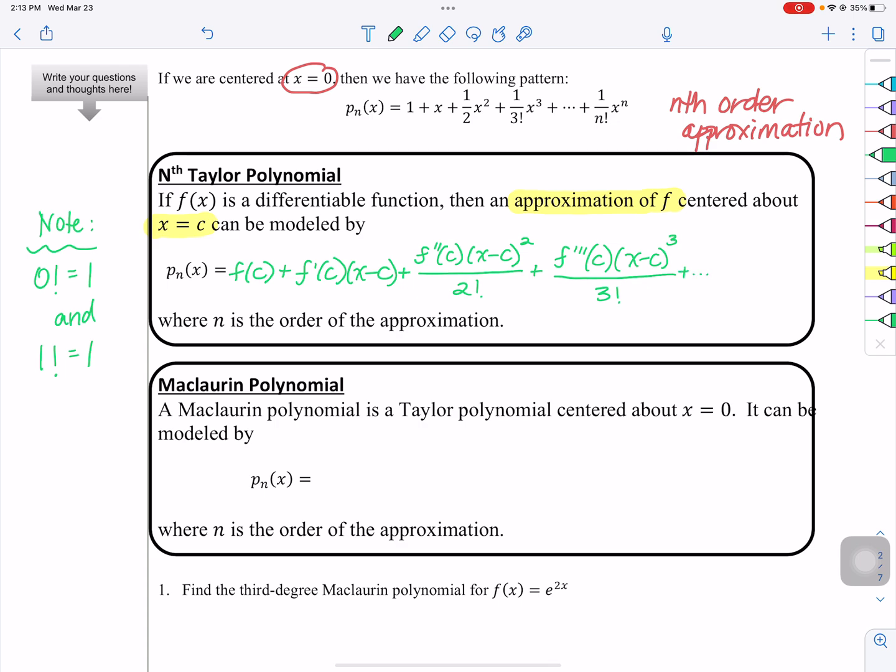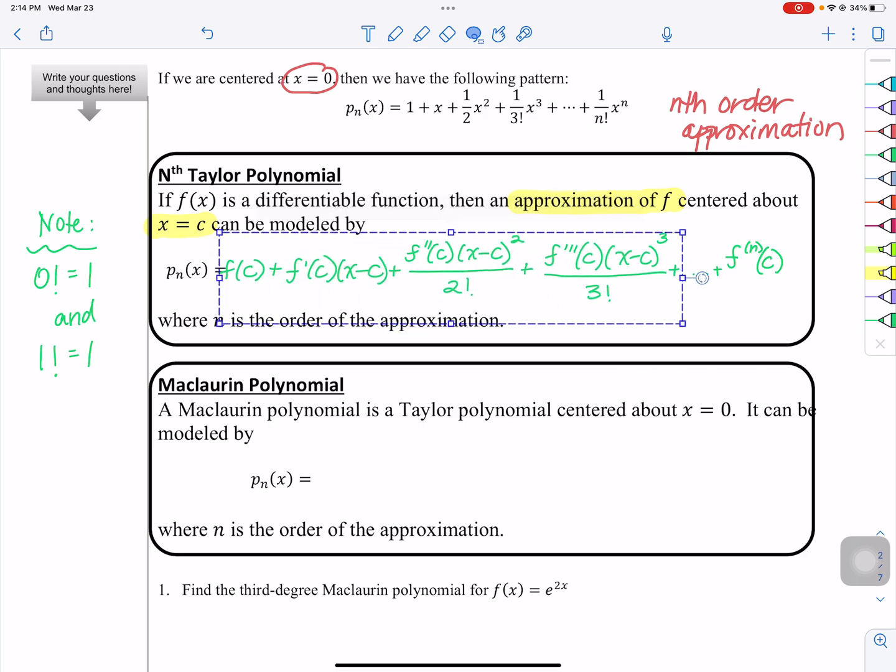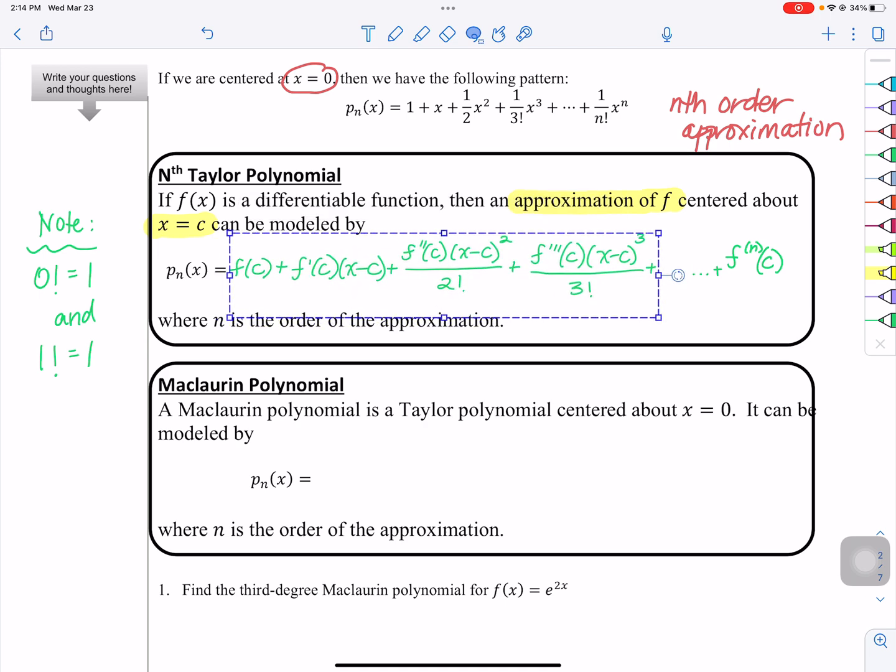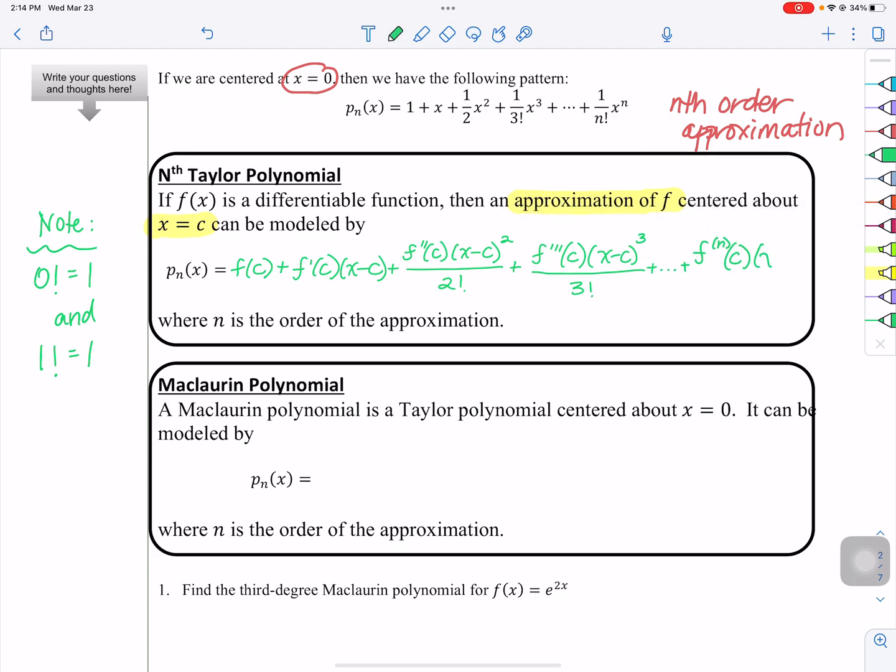Plus dot, dot, dot, and now we will write our nth derivative evaluated at c, times x minus c to the nth power, all divided by n factorial. And n is the order of the approximation.